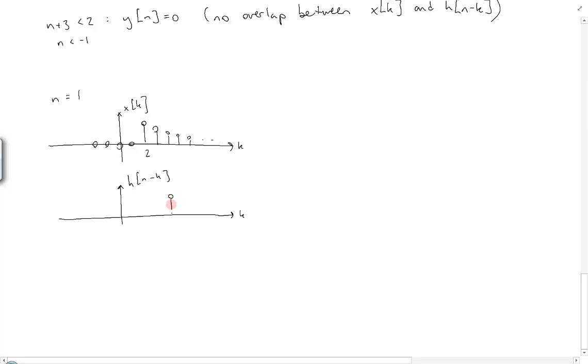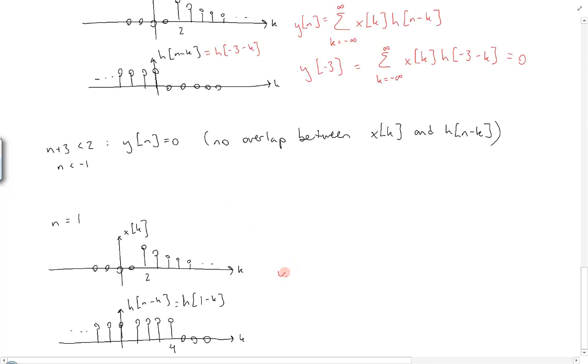So it'll start over here and go backwards, and so on for infinity, and zeros everywhere beyond. So this is at 4, because this is equal to h of 1 minus k.